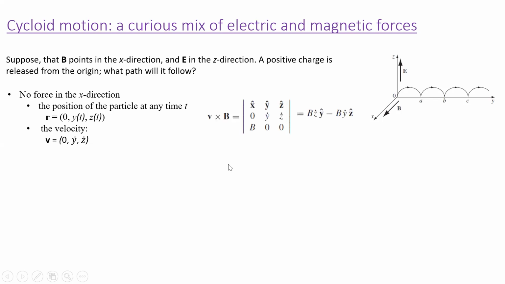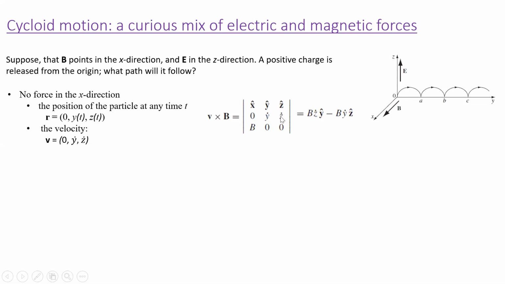We can find the magnetic force at a given time, or part of the magnetic force, the V cross B part, by taking the cross product. So we'd set up the cross product, x, y, z, and V just has y and z components, because there's never going to be any force in the x direction here, and B is in the positive x direction.